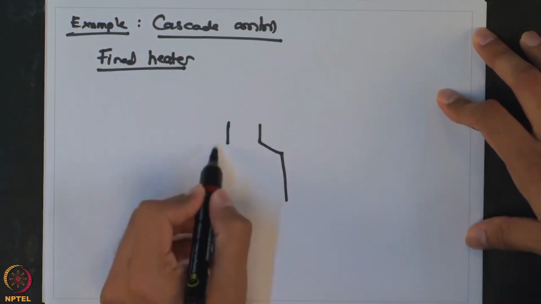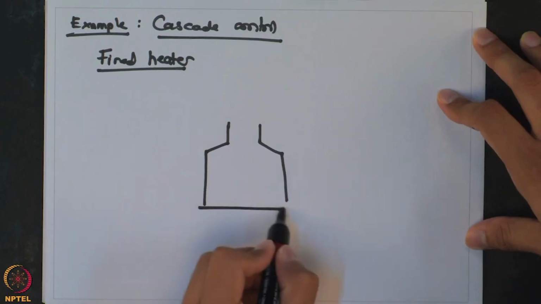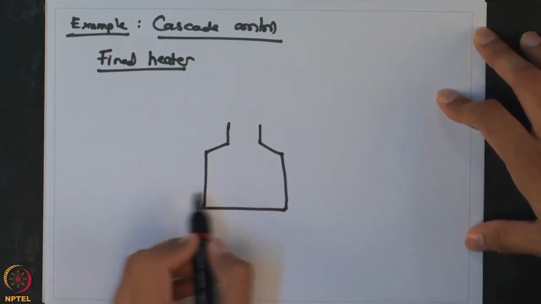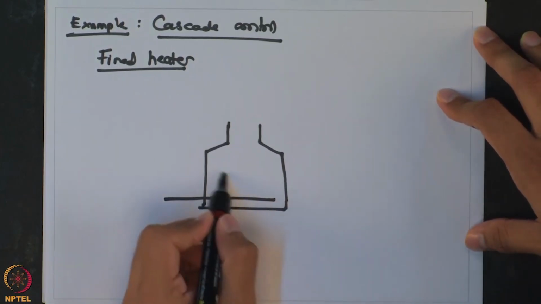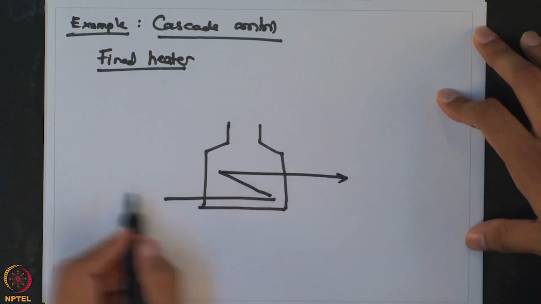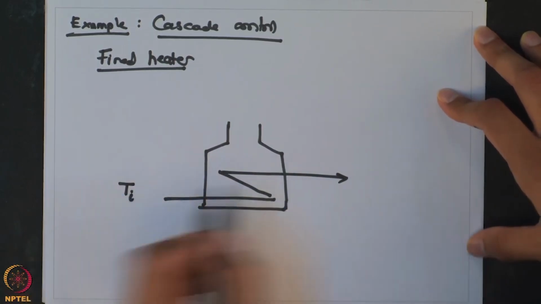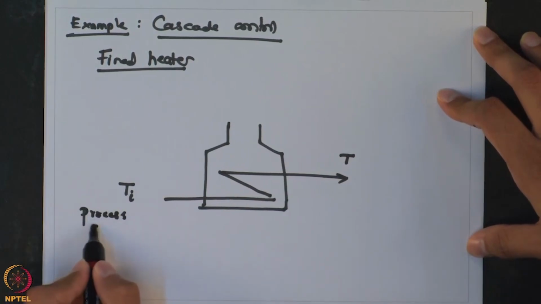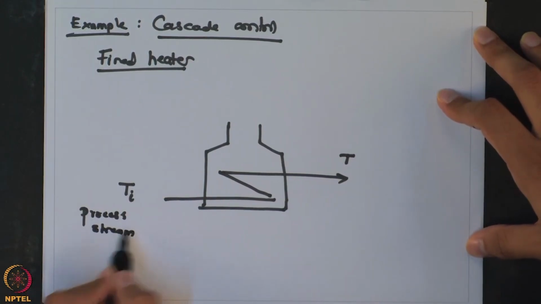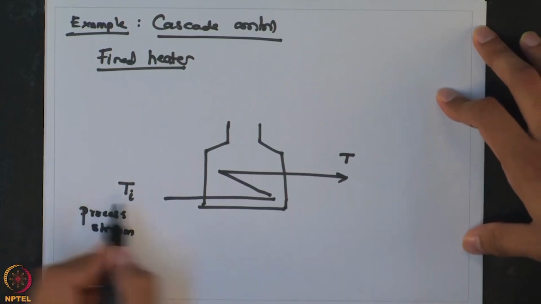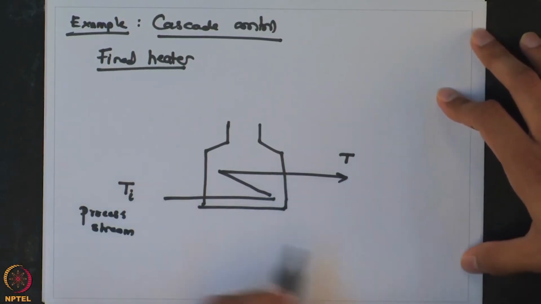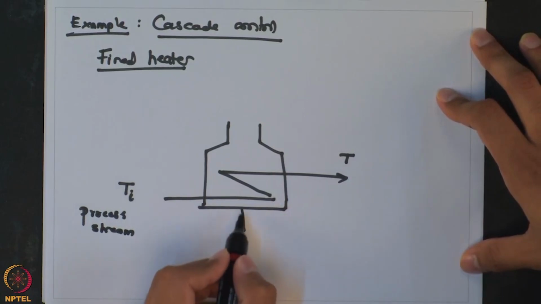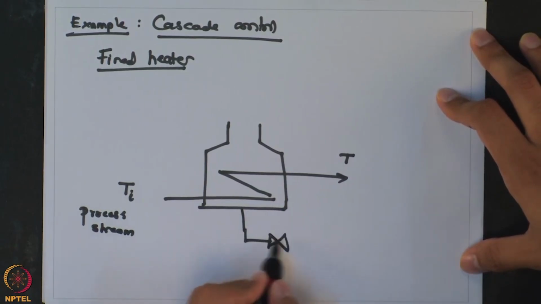Let us say there is a furnace which is used to heat a process stream from temperature Ti to T. This process stream has to be heated from some initial temperature to a very high final temperature, and this is done by firing a fuel gas.